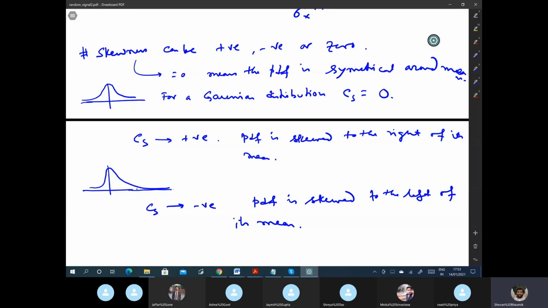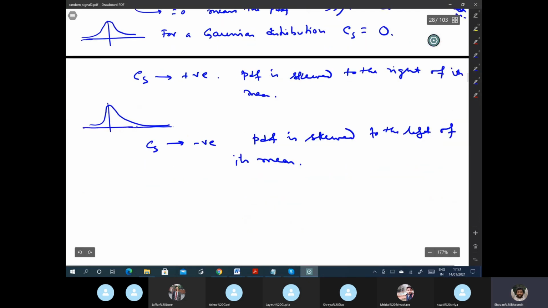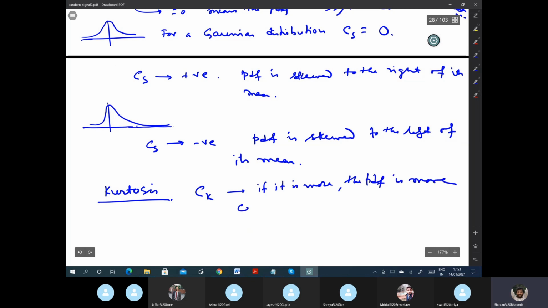So for C_K, if it is more, the PDF is more concentrated near the mean.